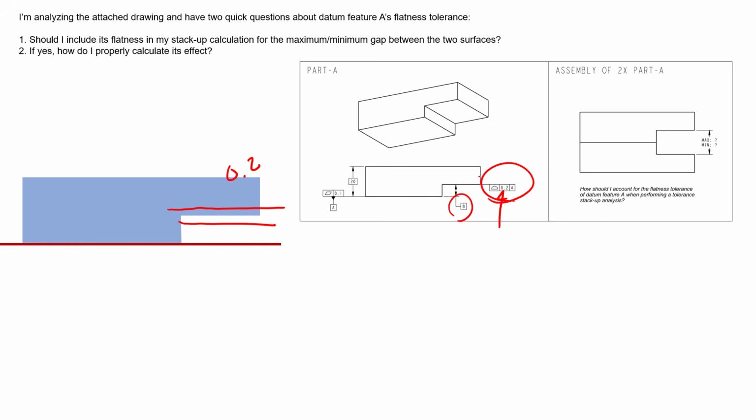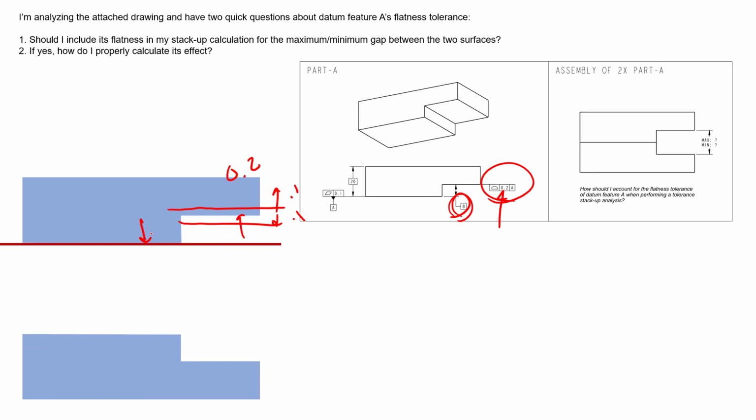So if we want to assess the sort of stack-up that might happen by putting two of these parts together, we'd want to consider the worst case deviation in the position. We could go from 8 millimeters up 0.1, and we could go from 8 millimeters down 0.1. So we would have a plus or minus 0.1 for the location of this surface with respect to the location of this surface.